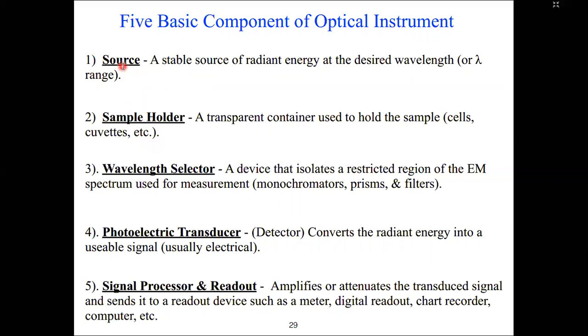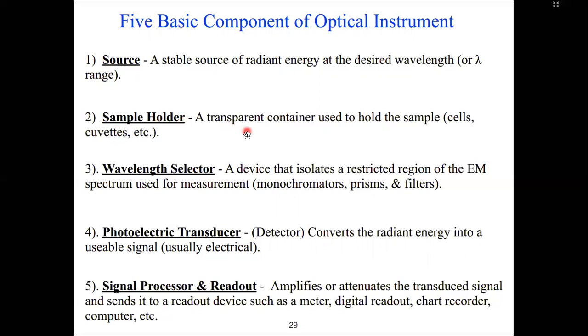Now the source is a stable source of radiation energy at the desired wavelength range. Basically the source is the one that provides you the electromagnetic radiation or other forms of energy, any form of energy that will be in the desired wavelength. Sample holder.